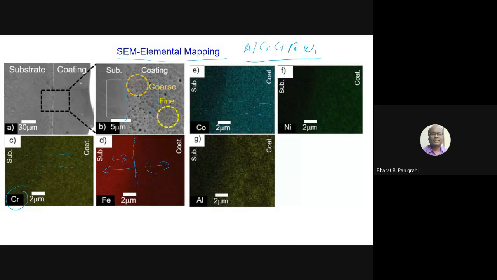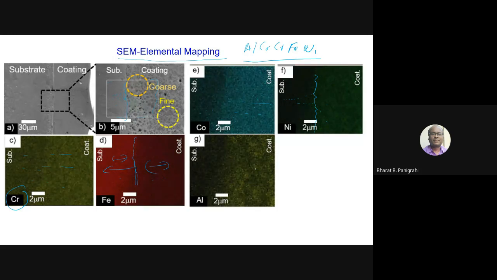Similarly, nickel, you can see here the coating is clearly visible. This side is the nickel region, and gradually the concentration of nickel is decreasing. Here also you can see cobalt concentration at the interface. When you are moving, the concentration starts decreasing. Near the interface it is higher and the concentration is gradually decreasing.